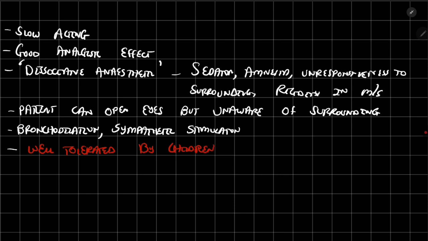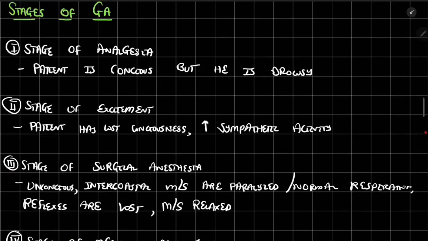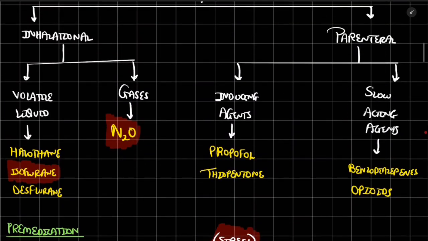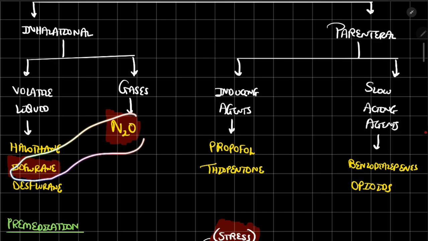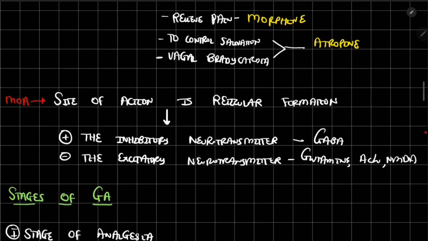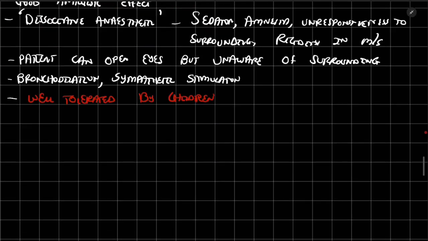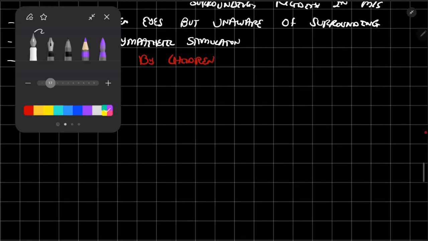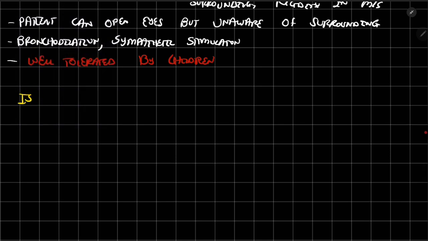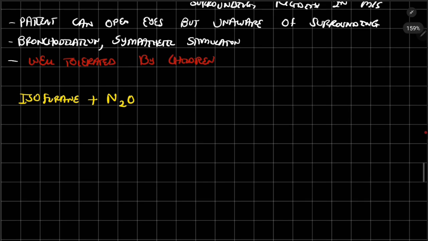Okay, now we come to this point where we have highlighted isoflurane and N2O. So isoflurane plus N2O are basically used as the maintenance therapy for general anesthesia.